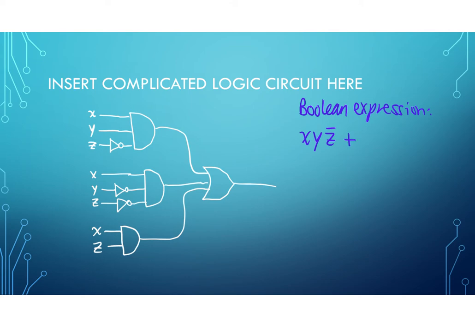So plus my second AND gate, which would be x and not y and not z. And finally we have this third AND gate, which is just x and z. So we'll do plus x and z. Again, if we want to simplify this, we need to use some properties of Boolean algebra. So we're going to take a look at those right now.